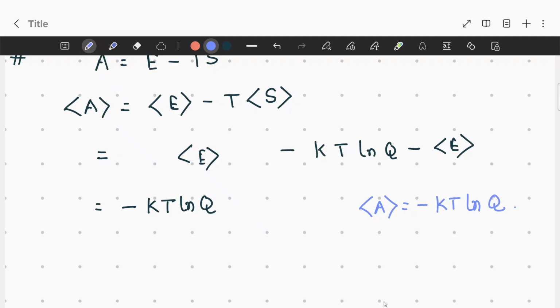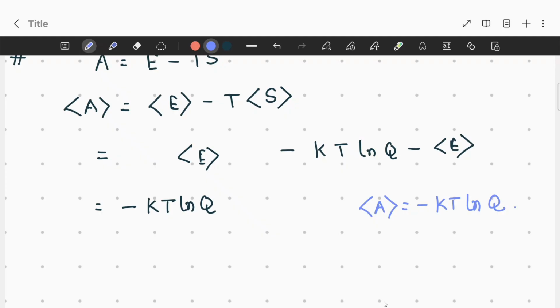Q is a function of N, V, T, beta, so everything. T is also in the prefactor as well. What else can you see? This is the absolute value of Helmholtz free energy, not a change, so it should be positive. It can't be negative.